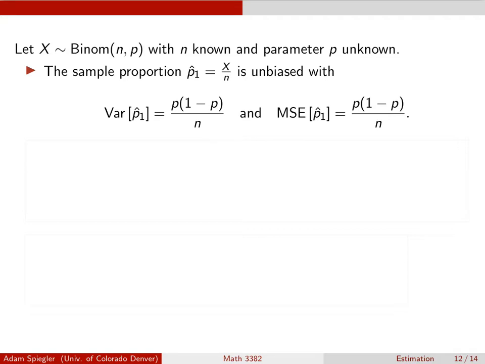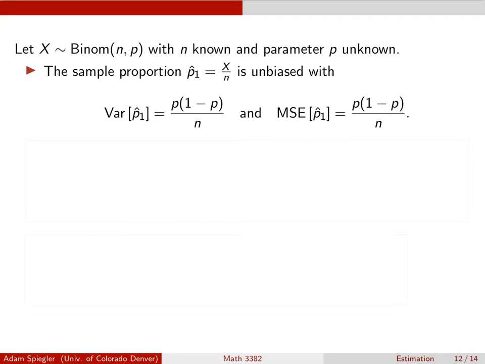So the variance for the distribution of sample proportions is p times (1 minus p) over n. And since this is an unbiased estimate, the mean square error would be the variance, which is this, plus the bias, which is 0. So in this case, the mean square error and the variance are equal to each other when we have an unbiased estimator. So that's an estimate that makes sense.